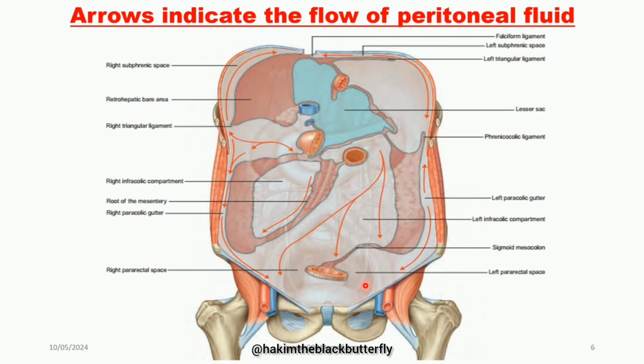That's why later we shall learn that patients with ascites will have too much of this fluid and it will extend downwards to overfill the potential spaces of the pelvic cavity. Okay, we shall talk about that later.